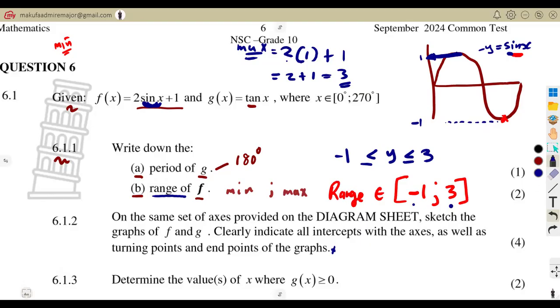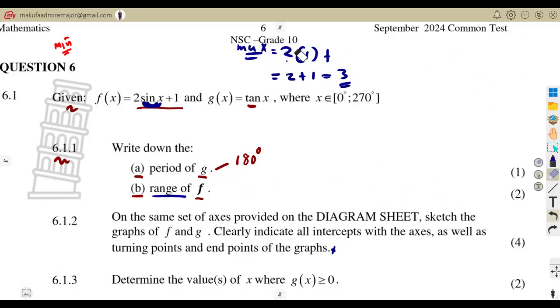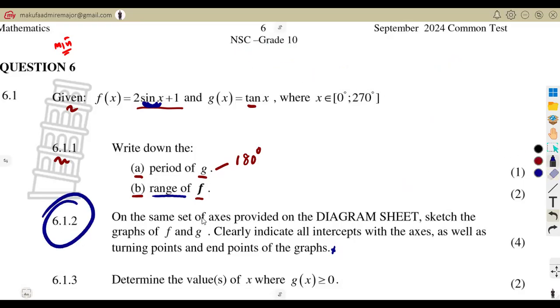No problem. We'll see this when answering the next question, like I said. The question now was on question 6.12. On the same set of axes provided on the diagram sheet, sketch the graphs of f and g.